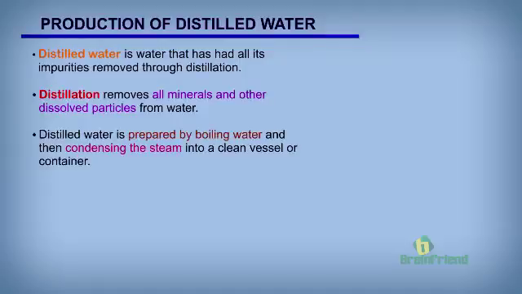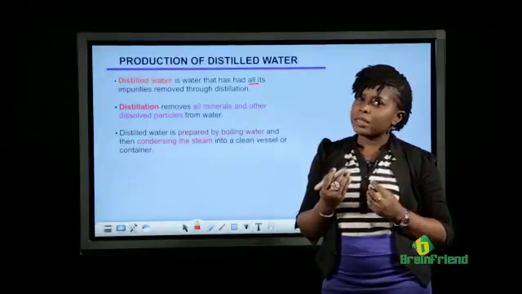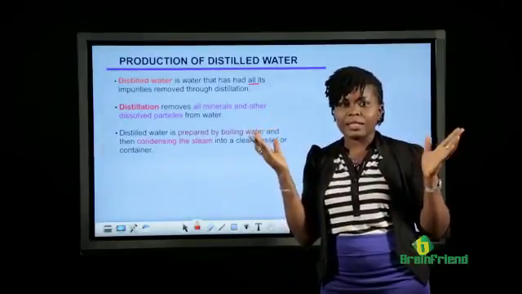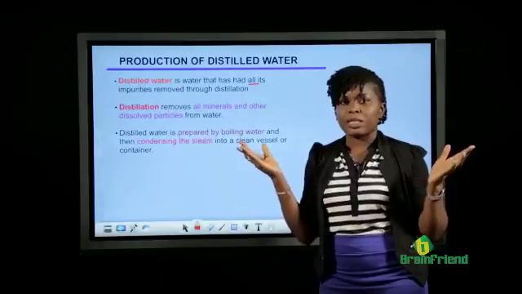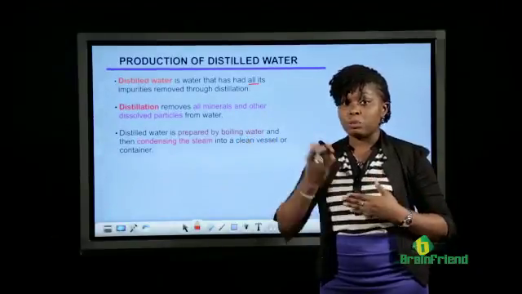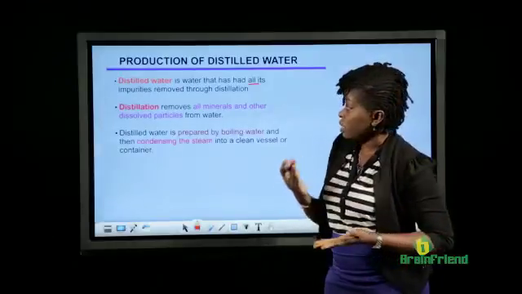Now we'll be looking at distilled water. Distilled water is water that has had all of its impurities removed through the process of distillation. In fact, distilled water is, let's not say pure water, but it's like 99.9% pure water because all the impurities, whether good or bad, have been removed from the water through this process of distillation.